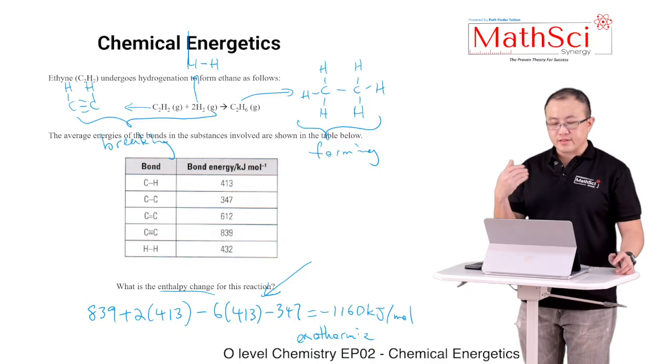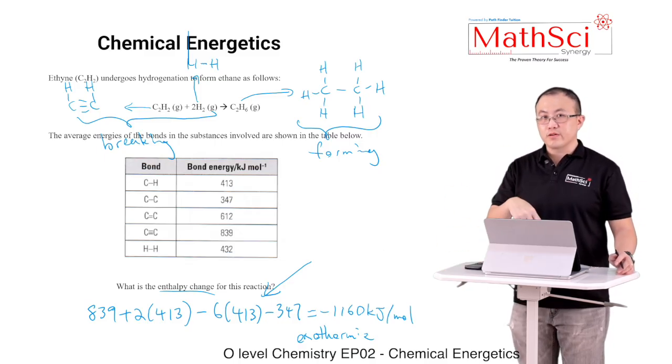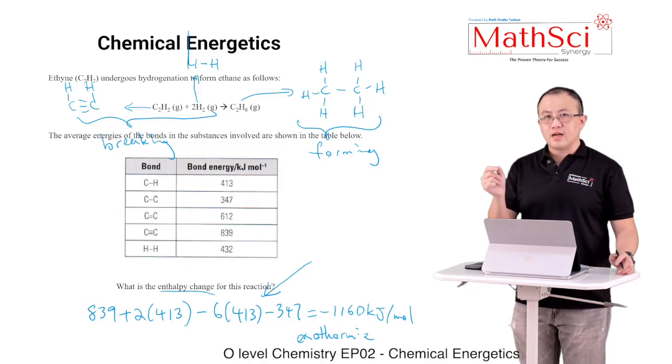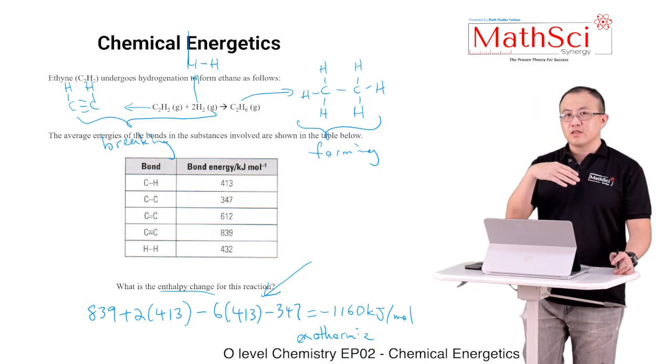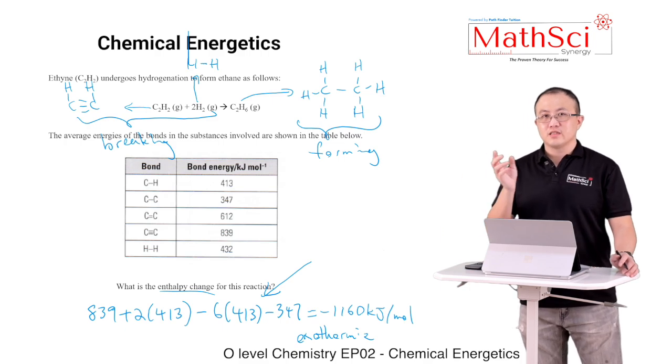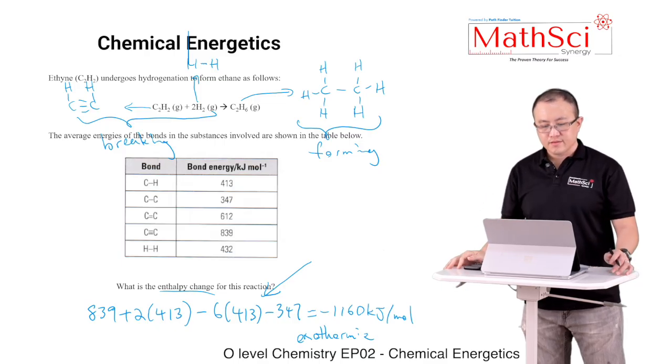So this is overall exothermic. If you get a positive number, then it's overall endothermic. But whether it's positive or negative and what it means really depends on the formula you are following. If you are taking the absorbed minus away the released, then you can just take positive as endo, negative as exo.